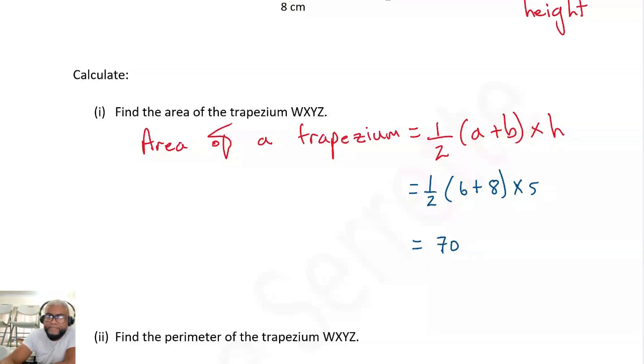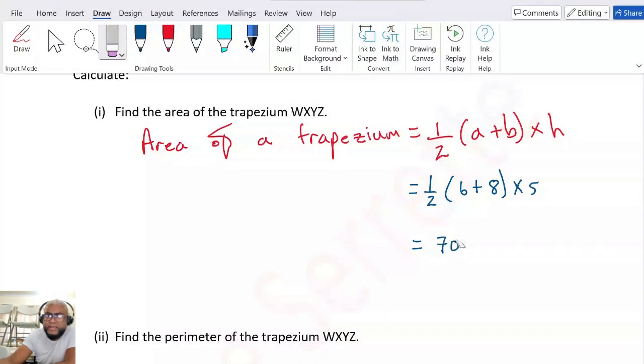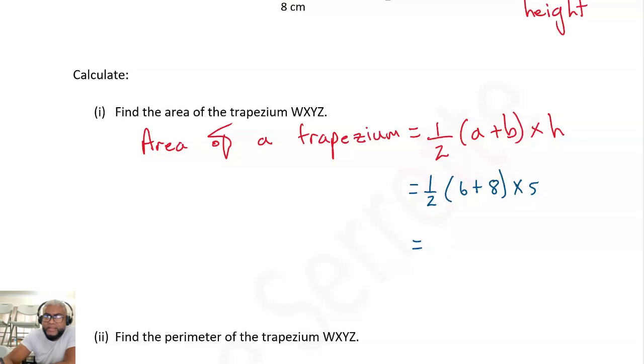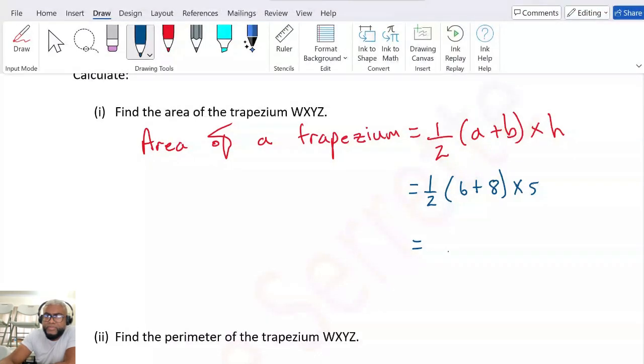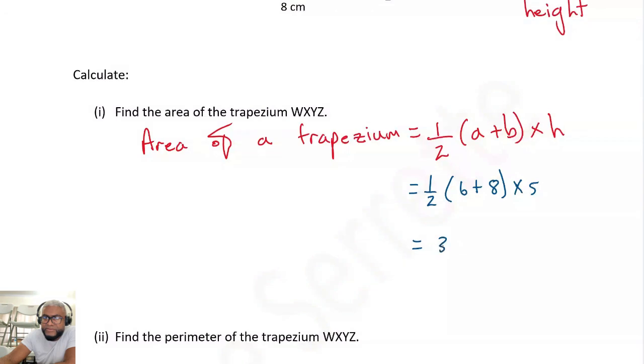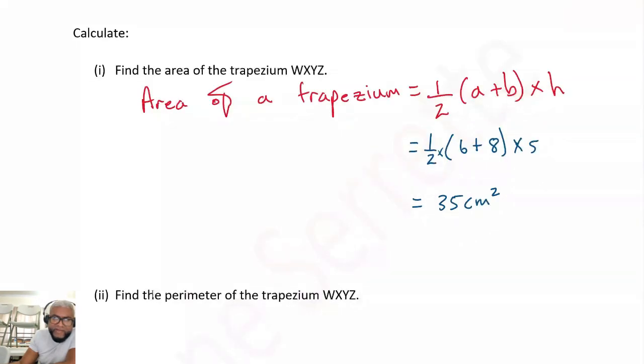I get 35 too. It's 35. He probably didn't divide by 2. Yeah, right. So this will be 35 centimeters squared is the area of the trapezium. Remember, this is a half multiplied by what is in the bracket there, multiplied by 5.